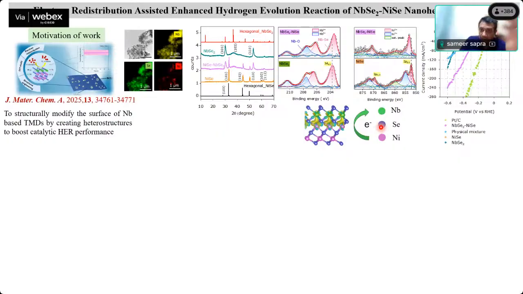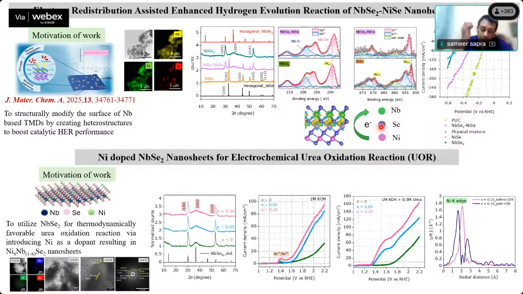Then you can make heterostructures with nickel selenide and go on with even better results for hydrogen evolution. Or you could also change, instead of oxygen evolution, which costs 1.23 volts, you could go over to urea. You take the urea oxidation reaction, and that costs only 0.39 volts.